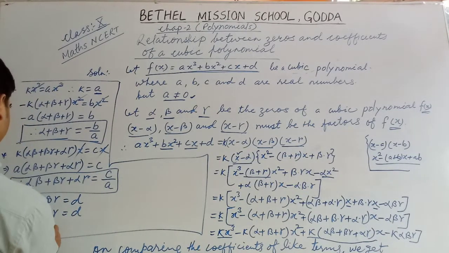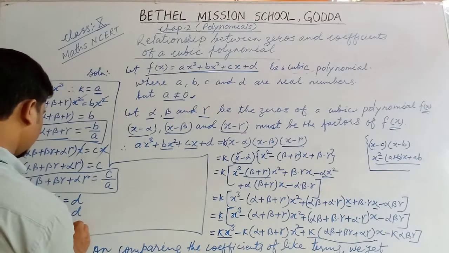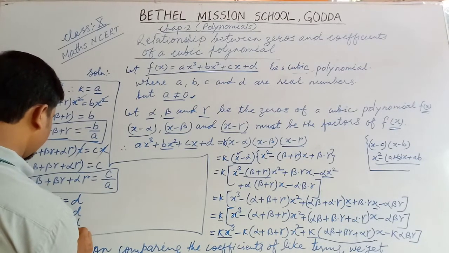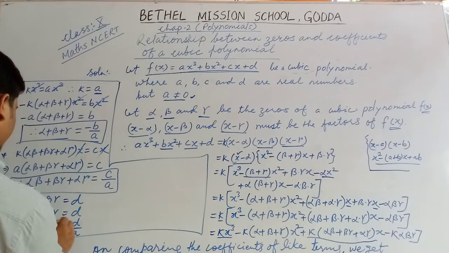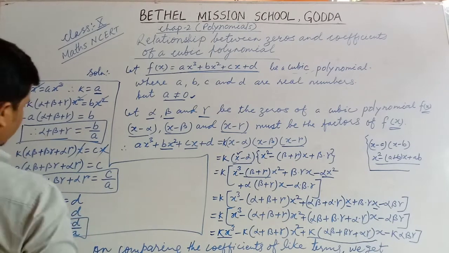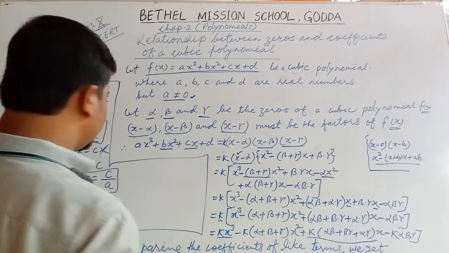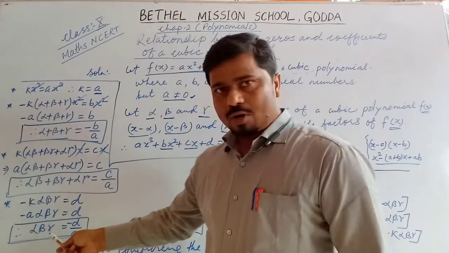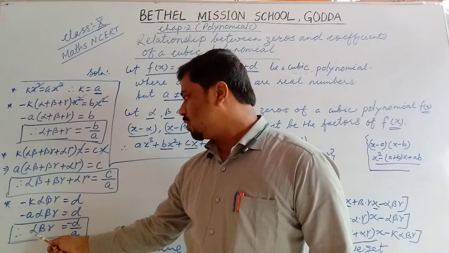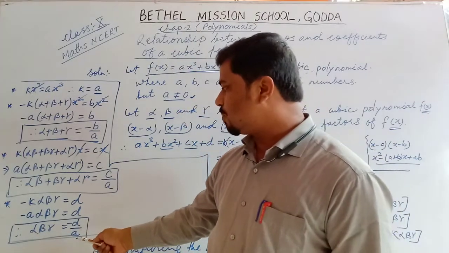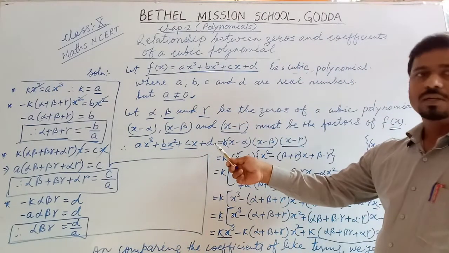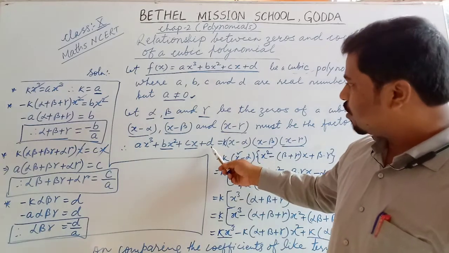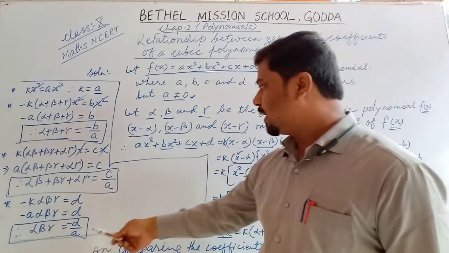Therefore alpha beta gamma equal to minus d upon a. This is another relation. Means product of zeros of cubic polynomial will be minus d upon a, and d is constant term, and a is coefficient of x cube.